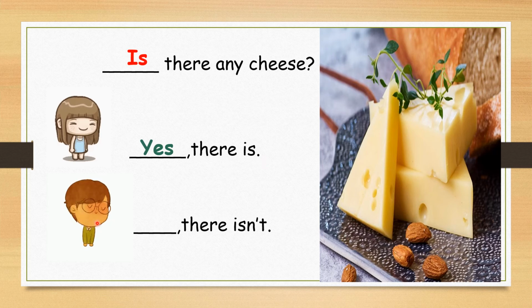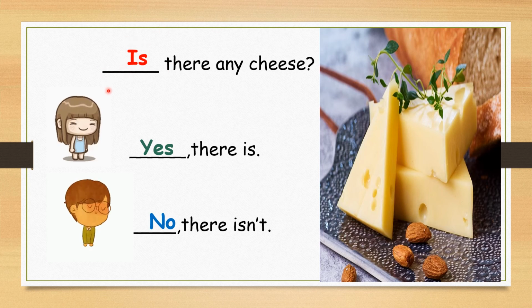What about if the head is shaking from left to right? Blank, there isn't. Now look at the word isn't. Isn't is usually used with the word no. Okay, so if we want to ask about uncountable things or singular things, we use is.